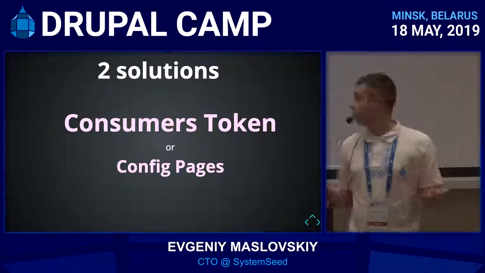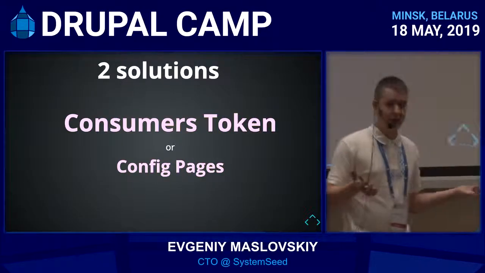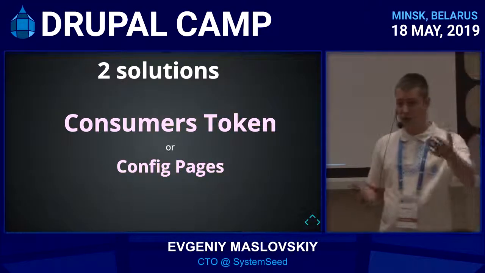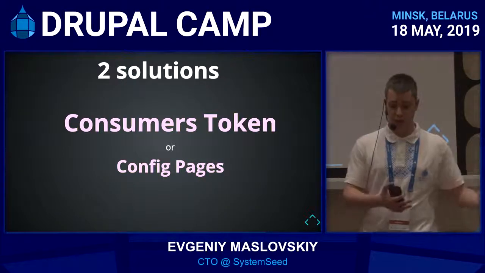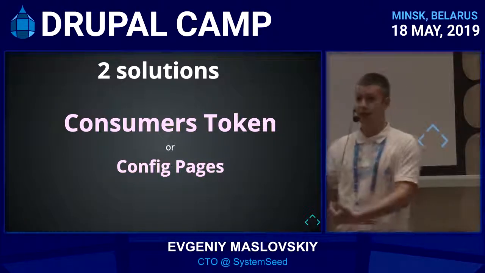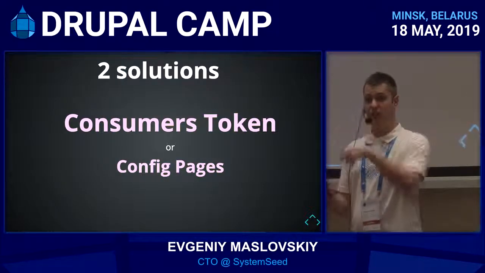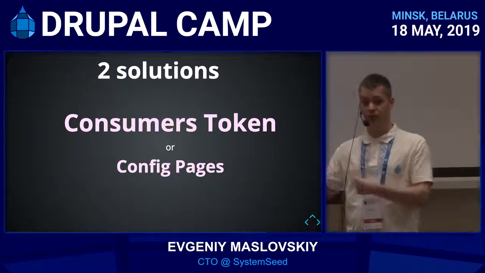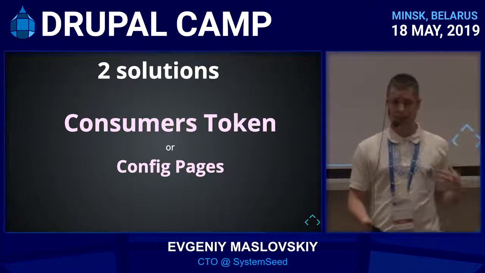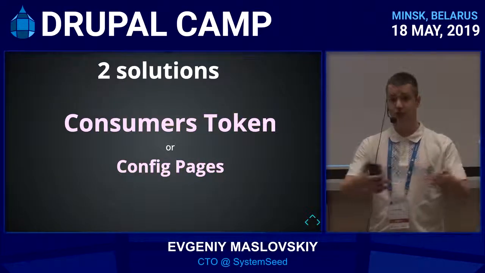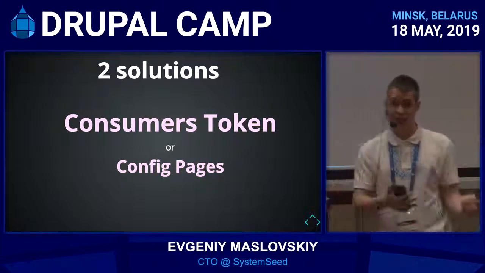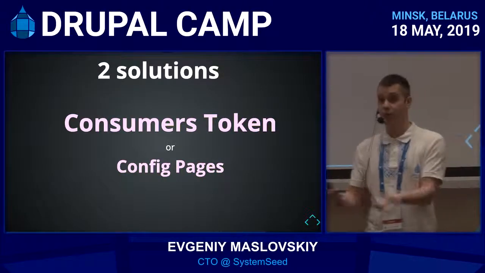It adds a new token, as you can guess, which replaces the name of the current consumer who requests the meta tags with the name of the site. So basically, instead of using the site name token, you use the consumer's name token. If site A requests meta tags, it replaces it with the site name of site A. If site B does the same, it replaces it with site B.